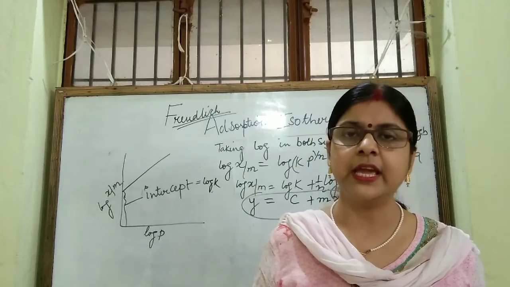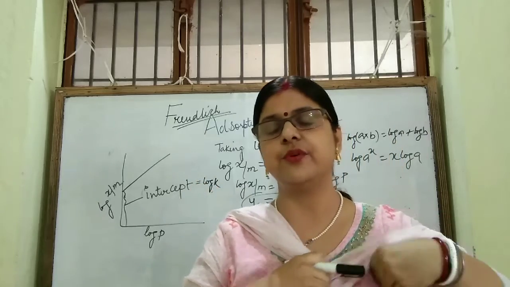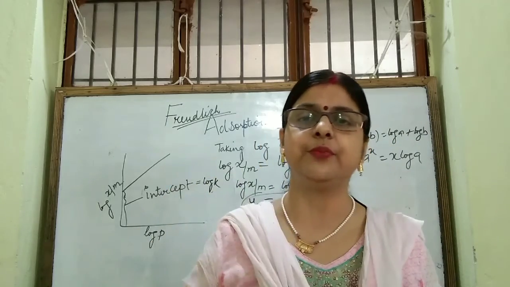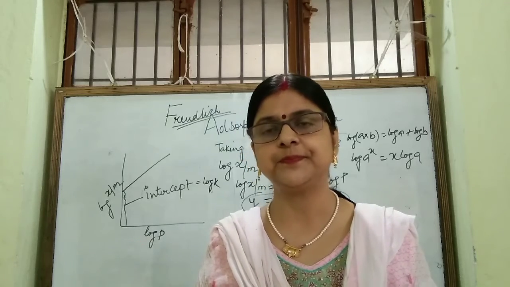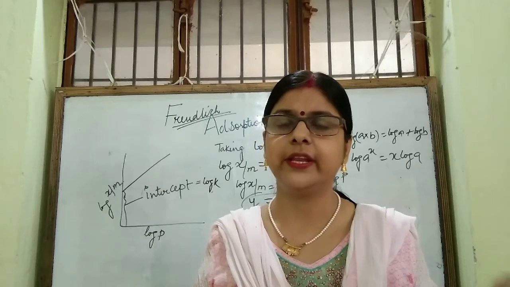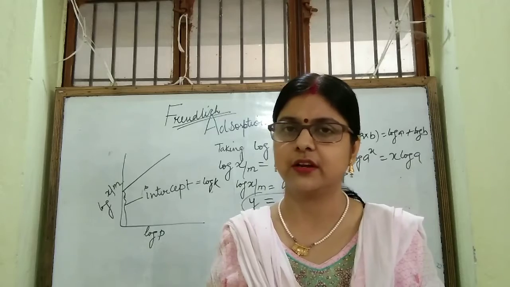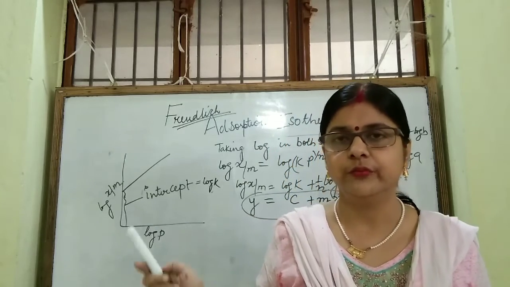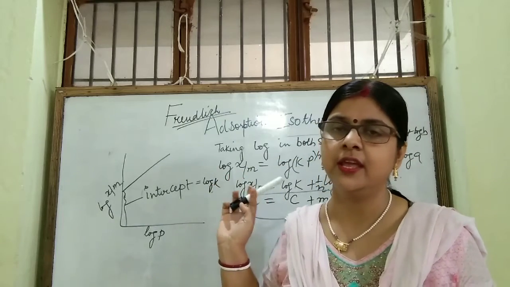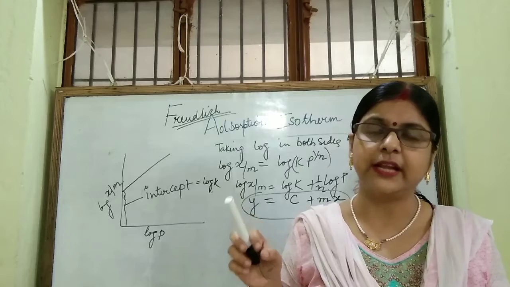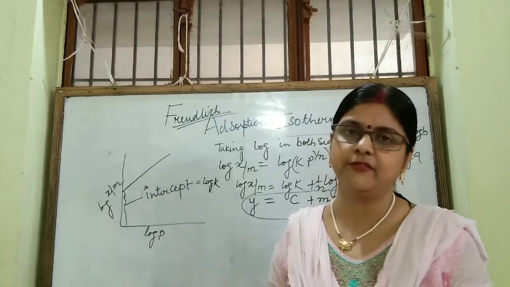Here in adsorption isotherm, I have shown that upon increase in pressure, the adsorption increases in the beginning, and when it reaches a saturation point, it becomes constant. Now we have shown, after taking log on both sides, how we can get an equation of a straight line and how we can show that graphically.